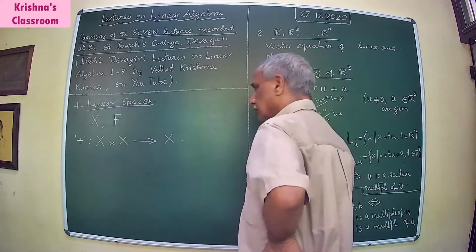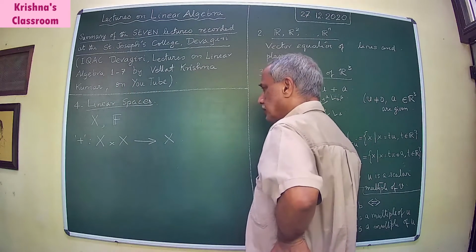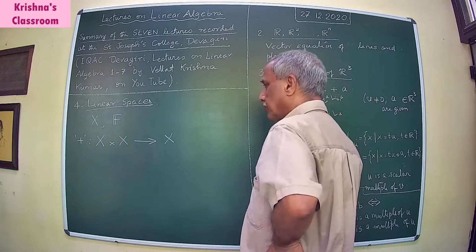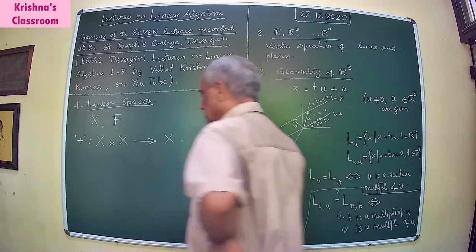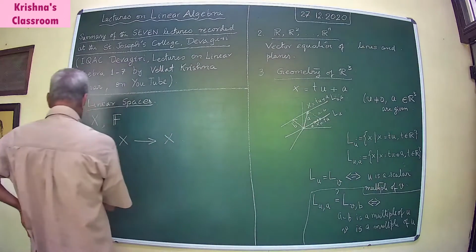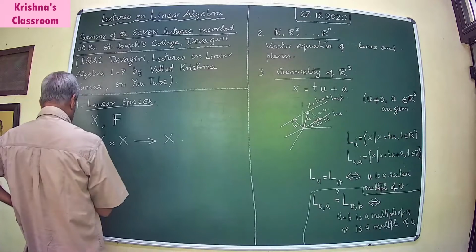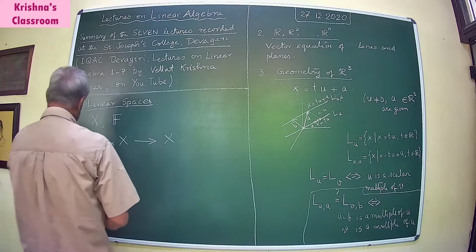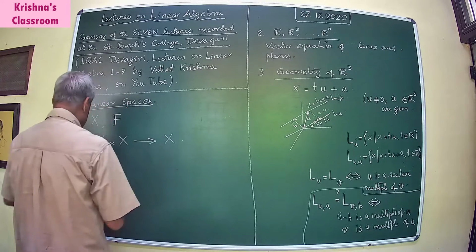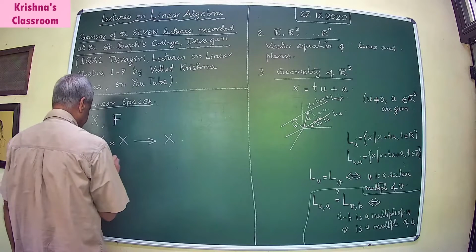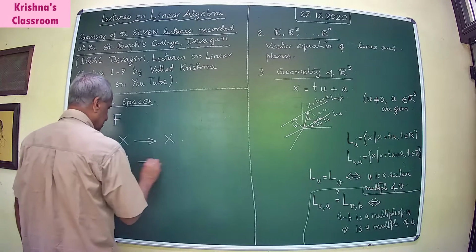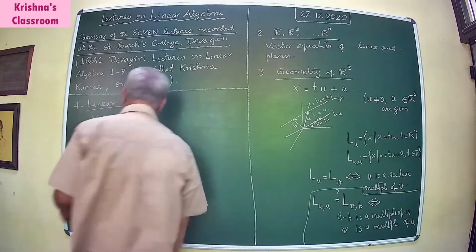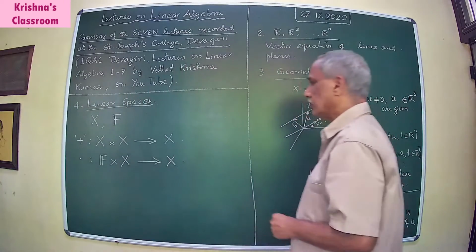Fine? And then there is another operation called scalar multiplication, which is from F cross X to X, with a certain set of properties.